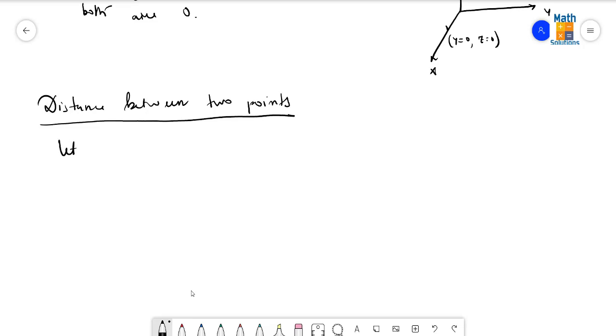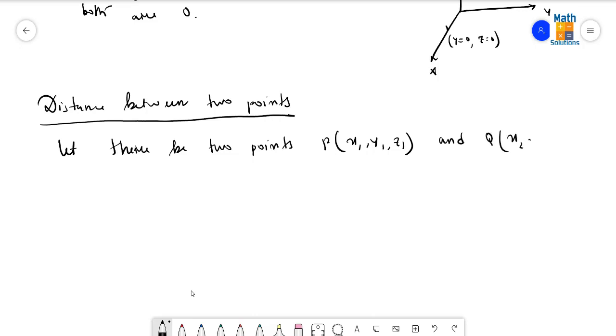Let there be 2 points, capital P (x1, y1, z1) and capital Q (x2, y2, z2) in the 3D plane. Then the distance between these 2 points can be evaluated.